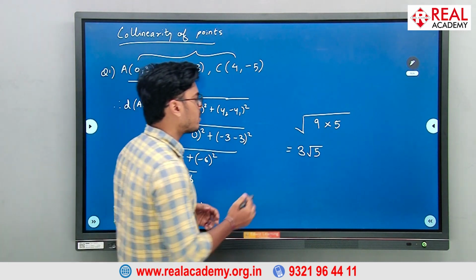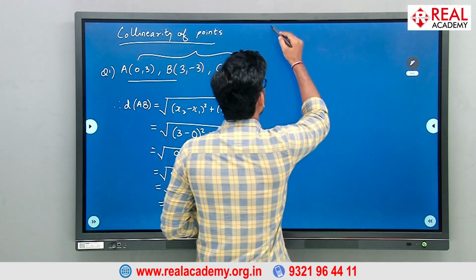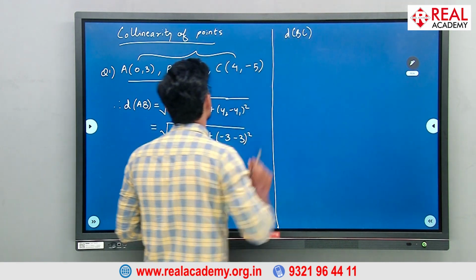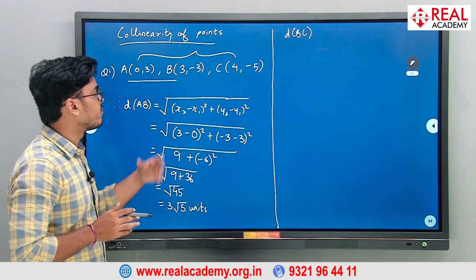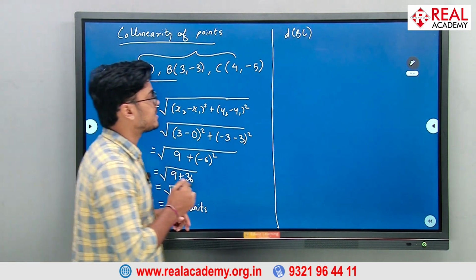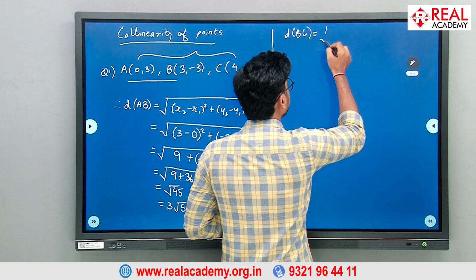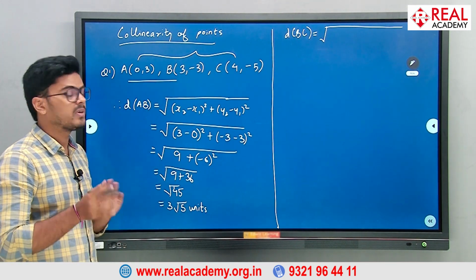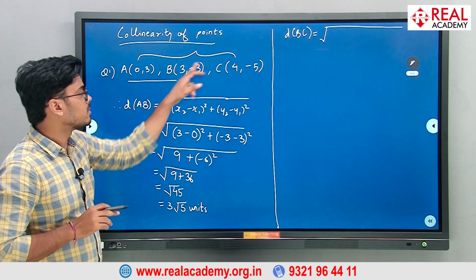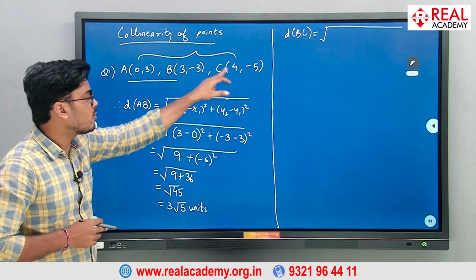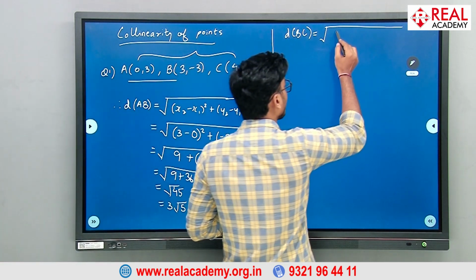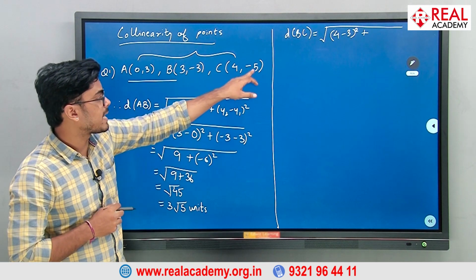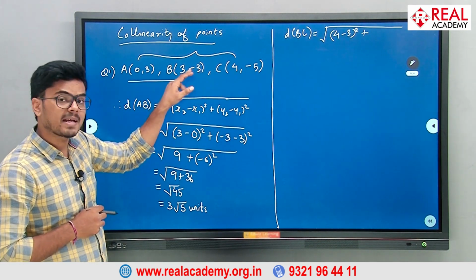Okay, let us go to the next distance now, which is distance BC. We have seen distance AB. Now we will see distance BC. It will be square root of, there's no need to write the formula again and again, we will directly solve it. This is x2, this is x1 suppose. So (4 minus 3) the whole square plus y2 minus y1, so (minus 5 minus minus 3).